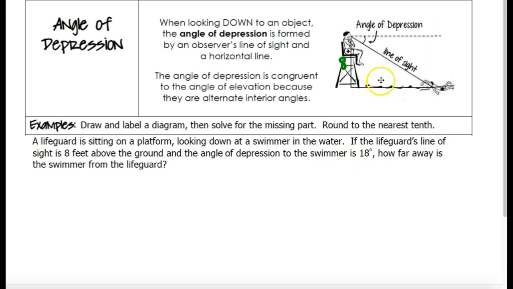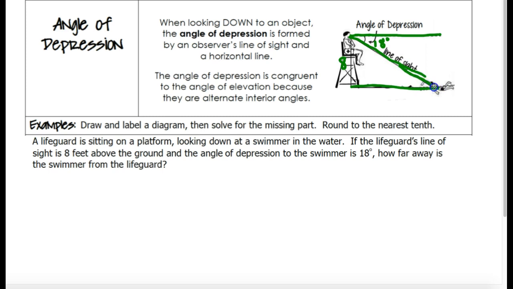The angle of depression is 18 degrees. If we're looking straight out and then we look down, that angle that's formed is the angle of depression. So that's 18 degrees. What's really nice about angle of depression is we're going to use something from the very beginning of the year.